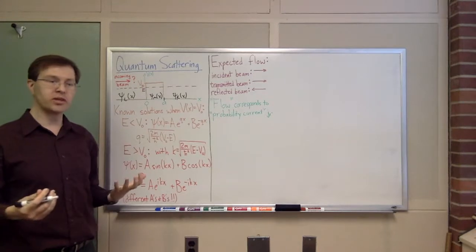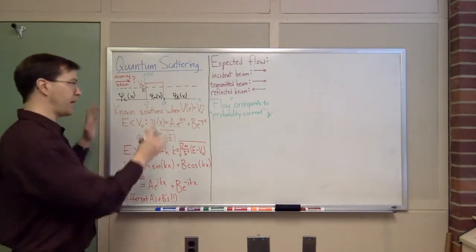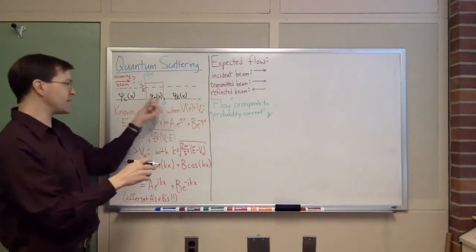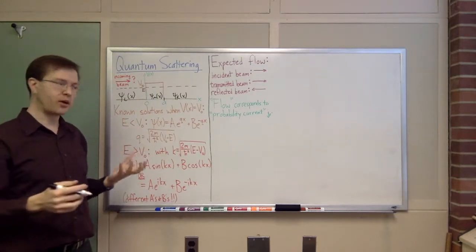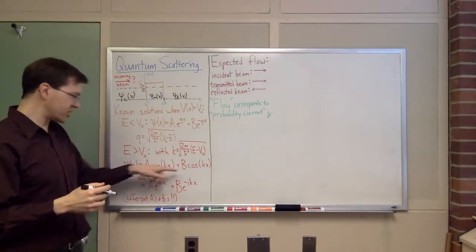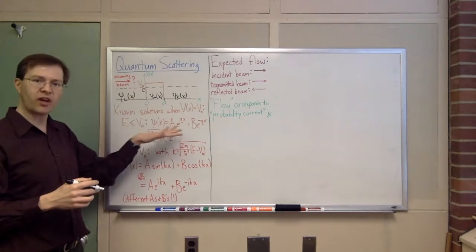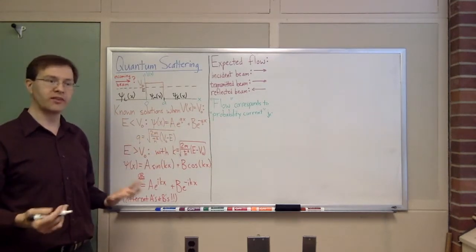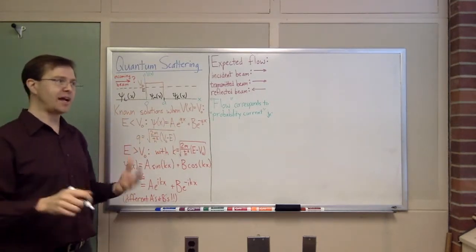And our goal is going to be to use boundary conditions, the behavior at infinity and behavior matching up these boundaries, to figure out what the coefficients will be to mix these different functions.